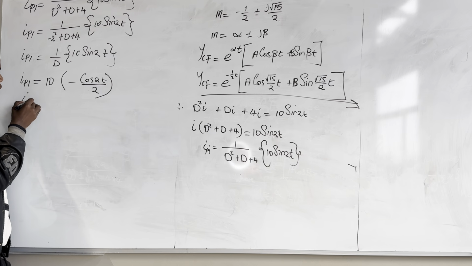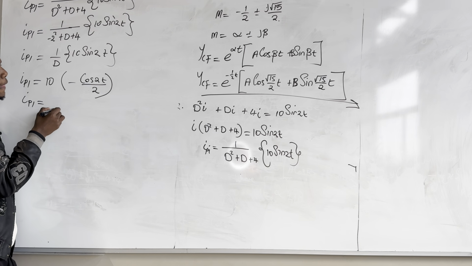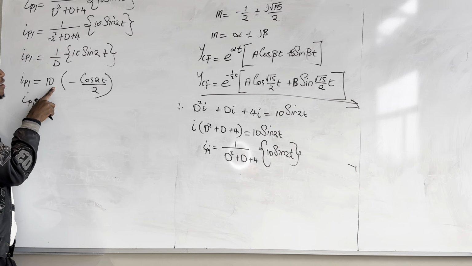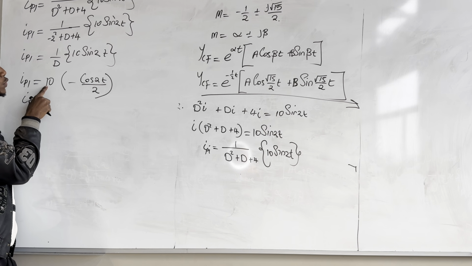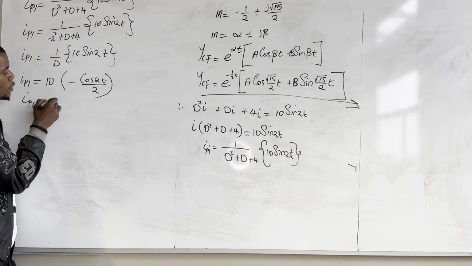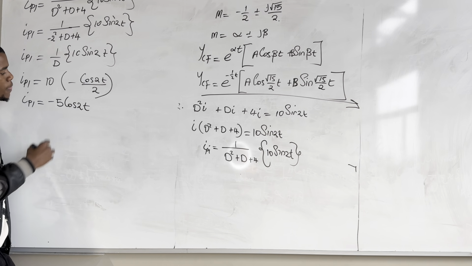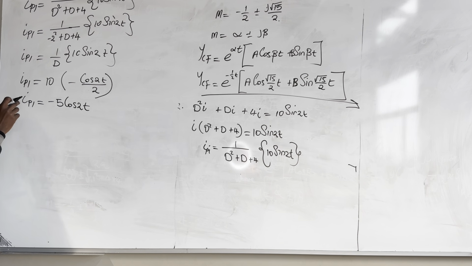Okay, so for the answer, there is 2 times 5, and then there is this 2, and the 2 will cancel with this 2, and then we will be left with negative 5 cos 2t. Okay, so this is our current, a particular integral.